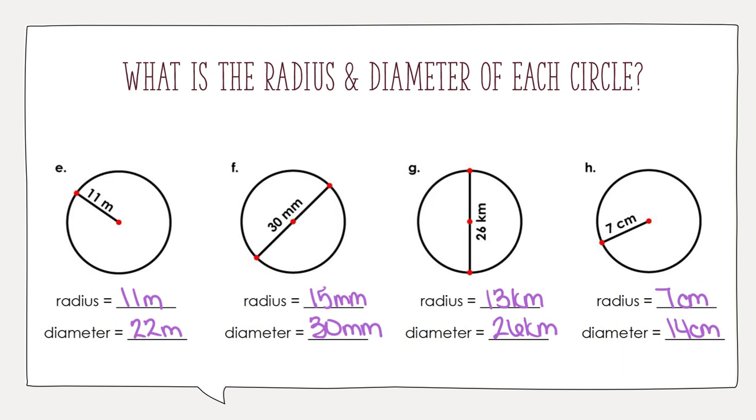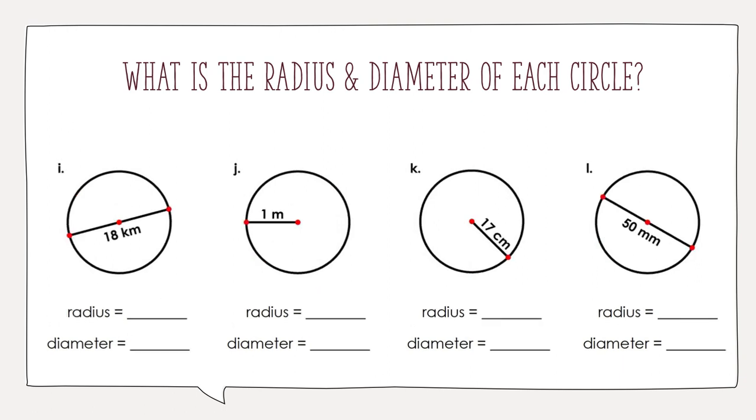All right, next 4. I. Ann. Sorry, Ella went to the bathroom. For the radius, I got 9 millimeters, and then for the diameter, I got 18 millimeters. Very good. All right, the radius and diameter for J. Colin.